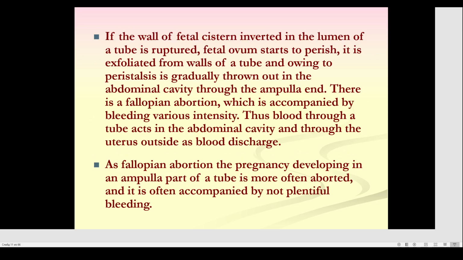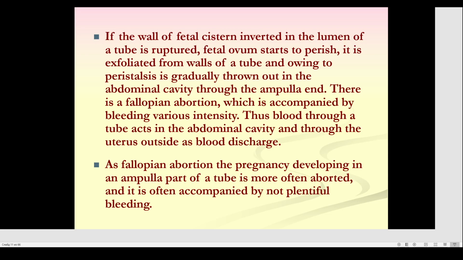If the wall of the fetal cistern inverted into the lumen of a tube is ruptured, the fetal ovum starts to perish. It is exfoliated from the walls of the tube, and owing to peristalsis is gradually thrown out into the abdominal cavity through the ampullary end.